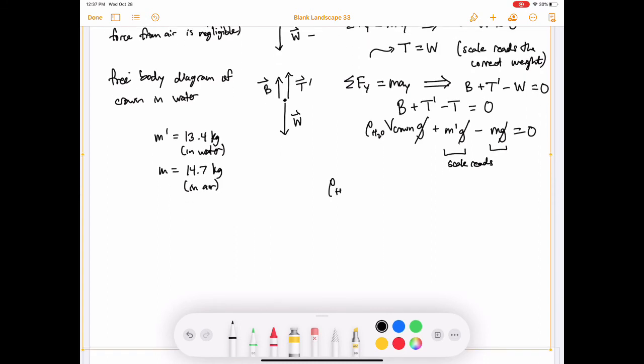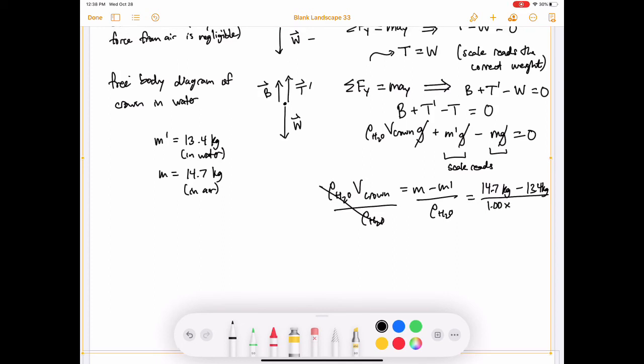And then we can solve for the volume of the crown. So I have density of water times the volume of the crown equals M minus M prime. So I'll divide out the density of water to solve for the volume of the crown. So here's how that's going to go. M, that was 14.7 kilograms. M prime, that was 13.4 kilograms. And then we're dividing that by the density of water, which is 1.00 times 10 to the 3 kilograms per cubic meter.